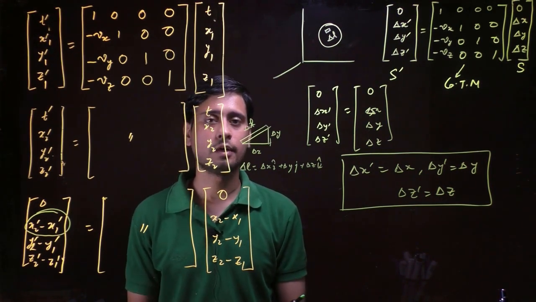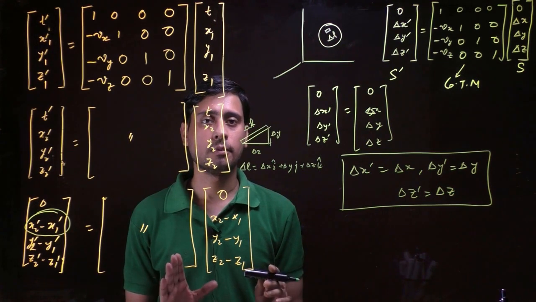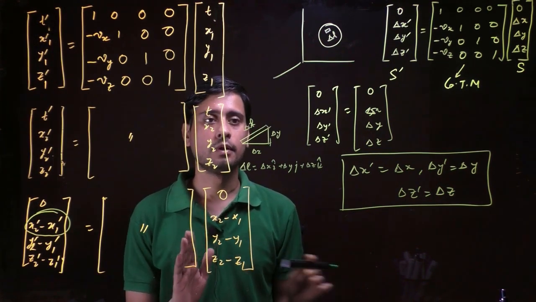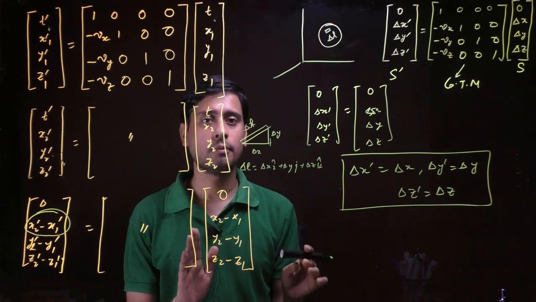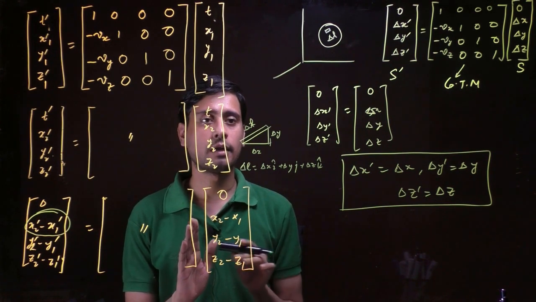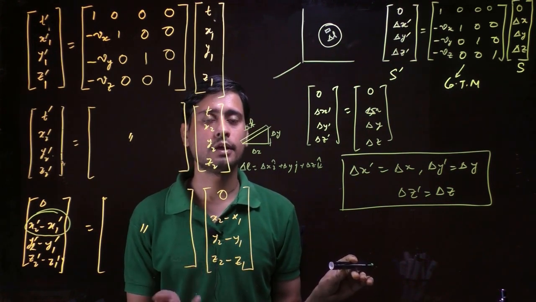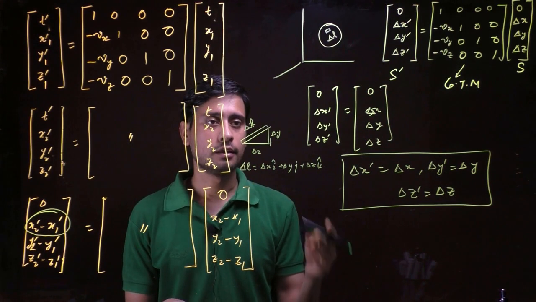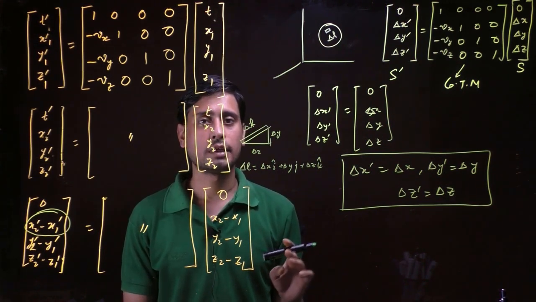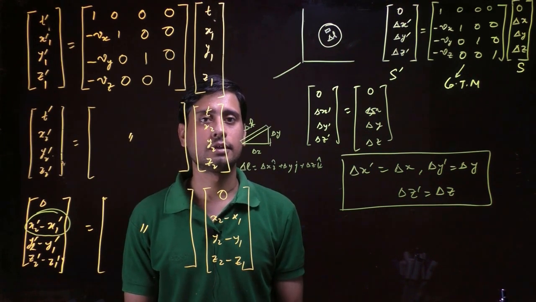In the previous example, the X prime axis of the S prime frame was moving parallel to the X axis of the S frame, but in this example it is moving with some arbitrary velocity, but that velocity is constant.